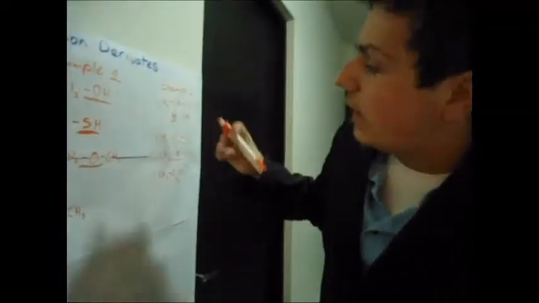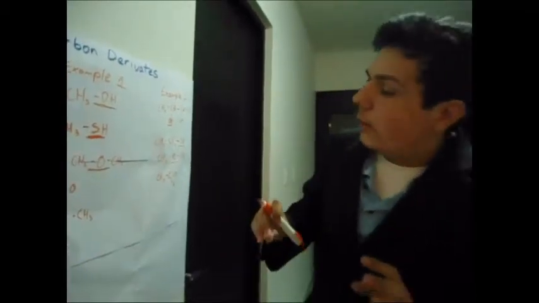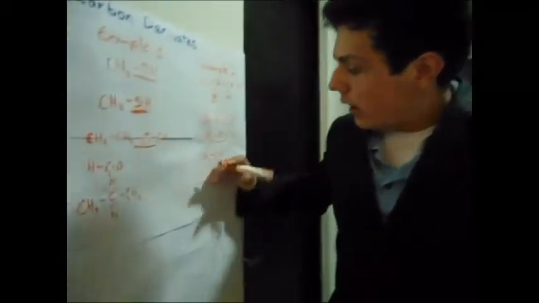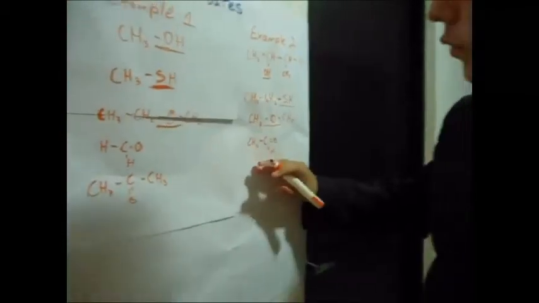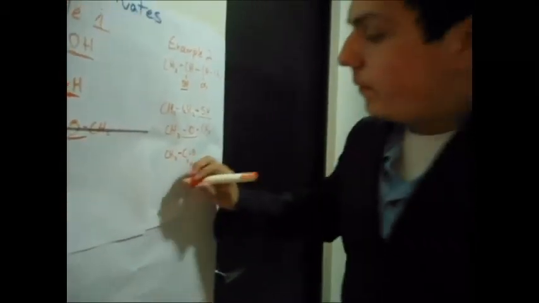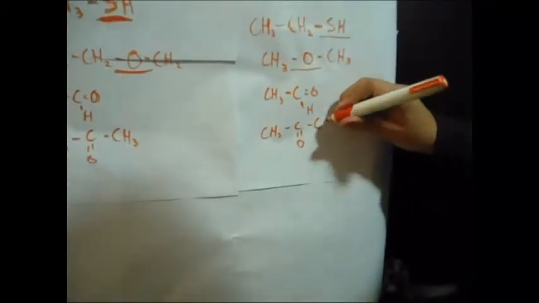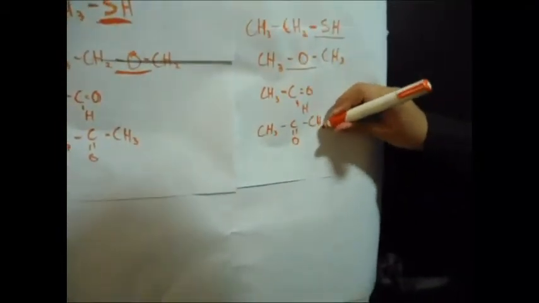Now, as a second example, it will be 2-butanone. First, we're going to put a methyl with the carbon and double bond, and as a second alkyl group, we're going to put the ethyl. So it will be CH2.